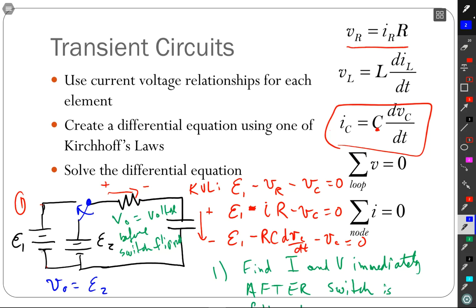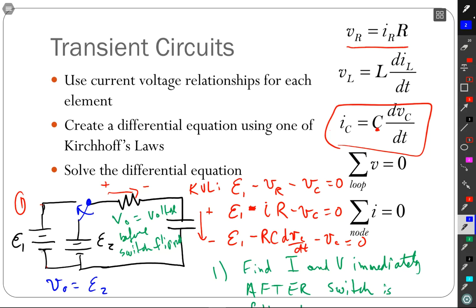That's where you start. And then the second line, I used Ohm's law to replace VR with IR. And then the third line, I replaced I with the formula for a capacitor, I equals C dV/dt.